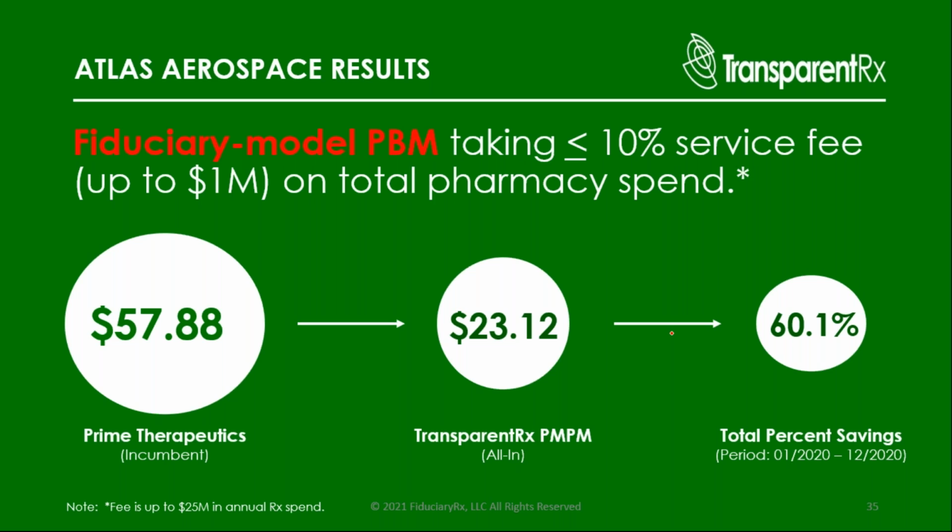Or if we don't outperform them and we fall short, most PBMs negotiate the minimum that you can claw back, right, in the event that they fall short somewhere. But 9 times out of 10, we exceed the minimum. As a fiduciary PBM, we give back what we exceed. That's the difference.